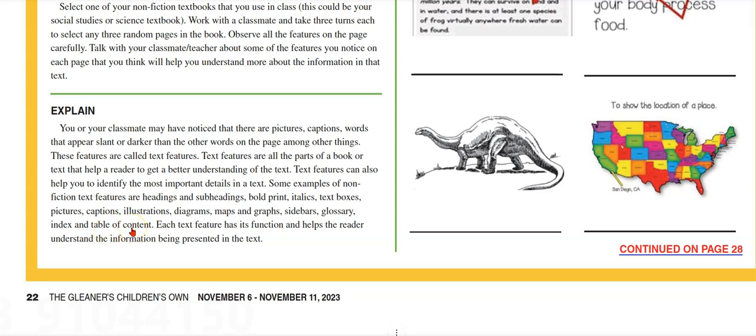Each text feature has its function and helps the reader understand the information being presented in the text. So again, we look out for headings, subheadings, bold text, italics, text boxes, pictures, captions, illustrations, diagrams, maps, graphs, sidebars, glossaries, the index, and the table of content.